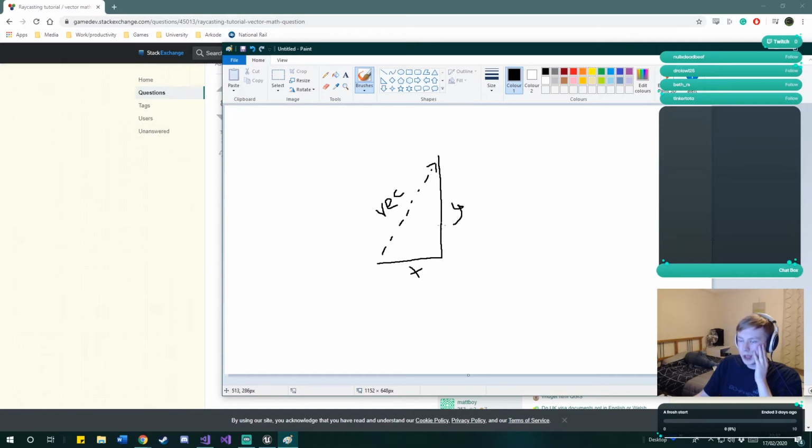The vector. Let's say this is vector 1-2. It basically is. Obviously this being point 1, this being 2, that being 1 up there.